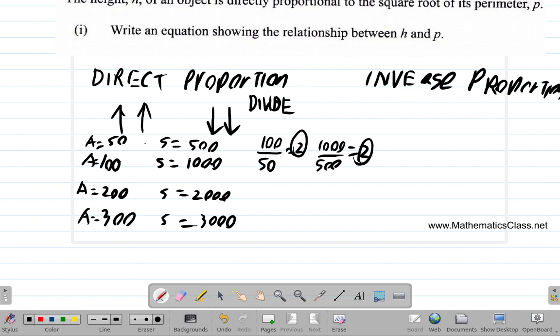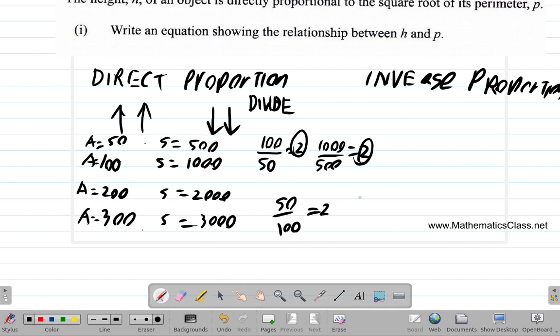Now, the thing is, you could also put the 50 over 100, right? This advertising over this advertising, compare it with this sale over this sale.